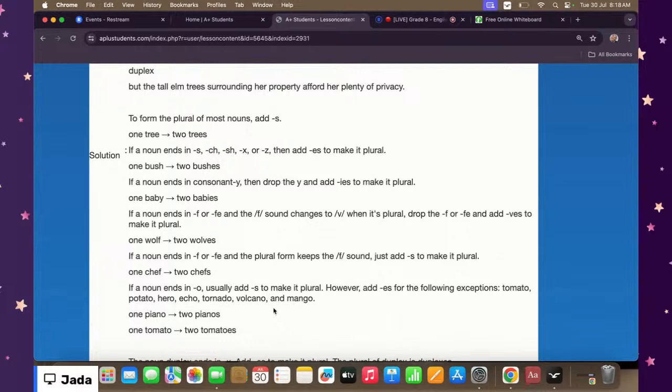One chef, two chefs. Okay, so they're just basic rules that you need to identify and know carefully. All right.